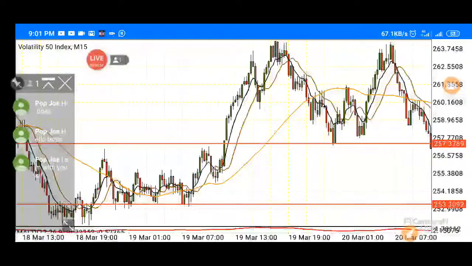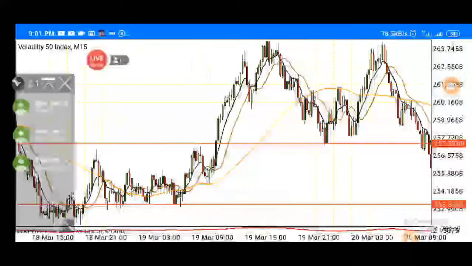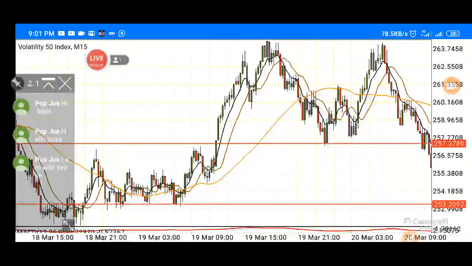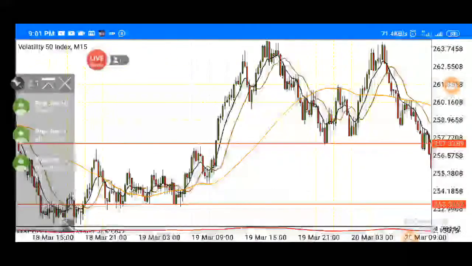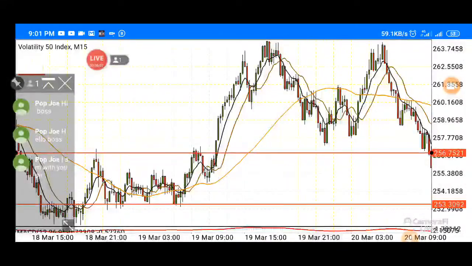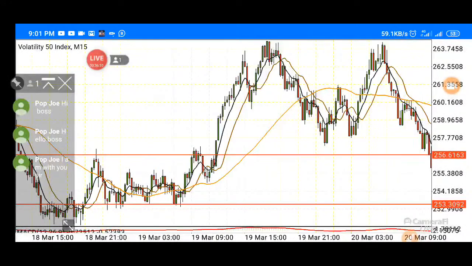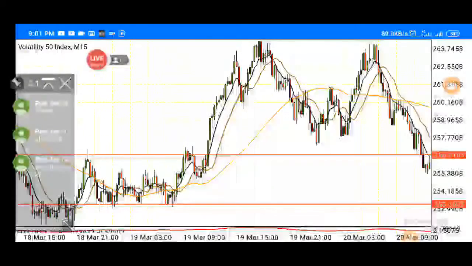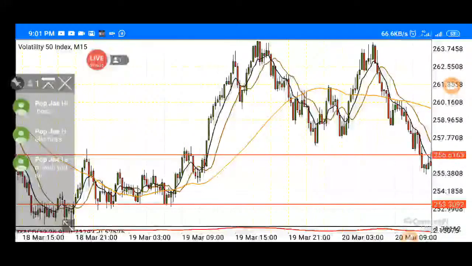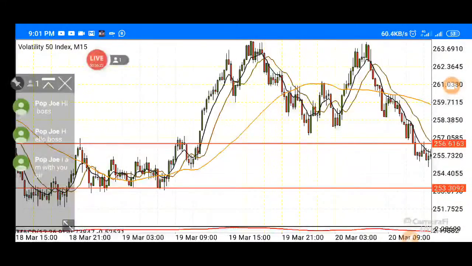So let's see. Okay, now the market has broken the level, so let's place our entry here, as for aggressive. For conservative trading, you need to wait for a retest and bounce, right? Okay, thank God the market retested. You can see it retested here and bounced. So immediately after seeing this rejection candle pointing down, you should have sold.